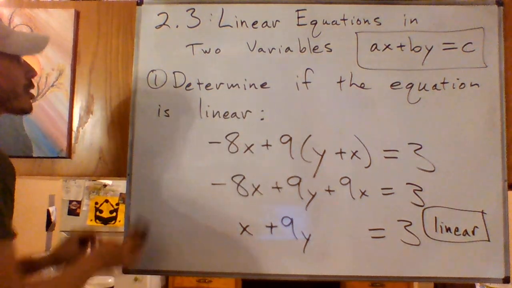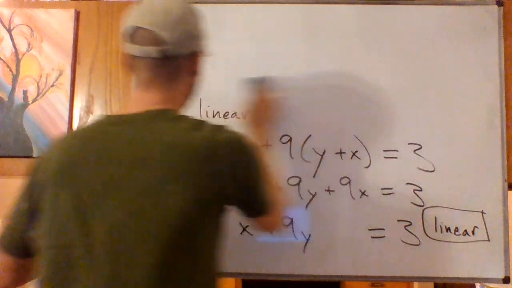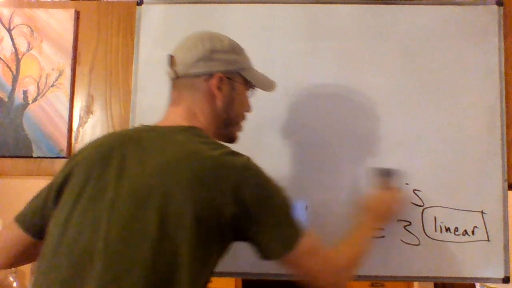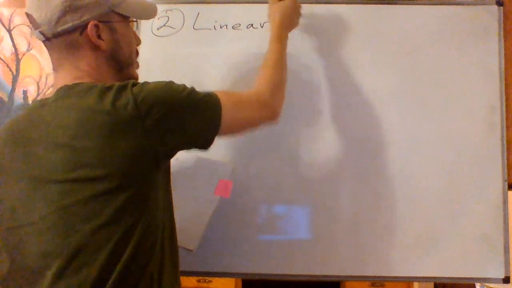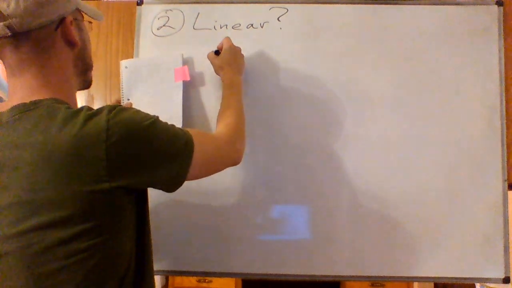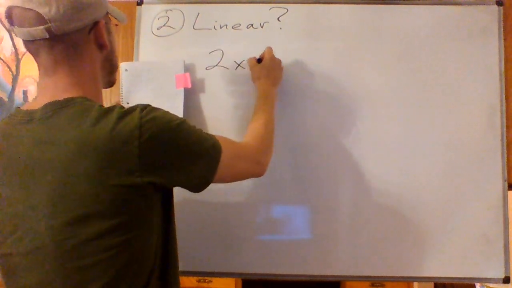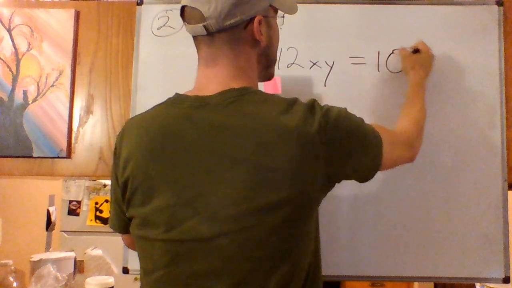I have another one that's similar to this. It's actually the same question: is it linear? This time we're talking about the equation 2x plus 12xy equals 10y.